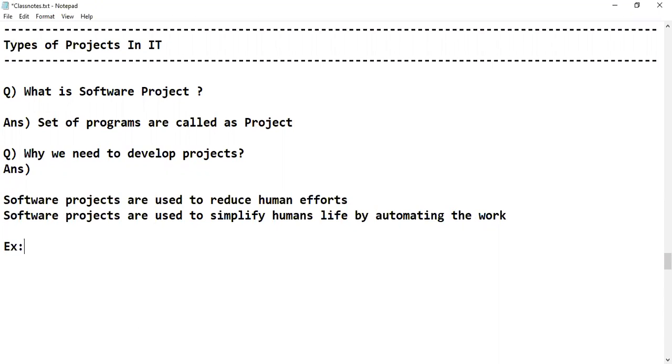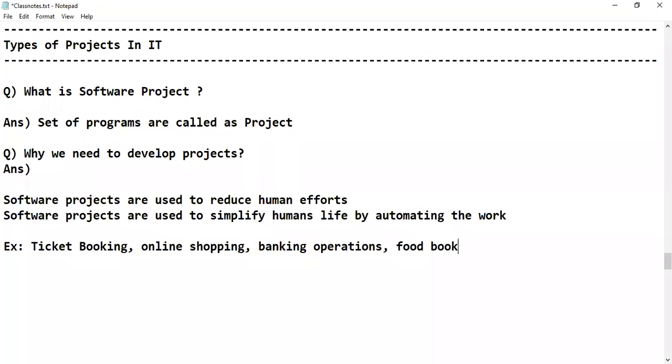Simple example, can I say ticket booking? Online shopping, banking operations, food deliveries, food booking, food orders, money transfer, etc. Now, earlier, if you want to book a ticket, train ticket or bus ticket, you need to go to bus stand, you need to stand in the queue, and you need to book the ticket.